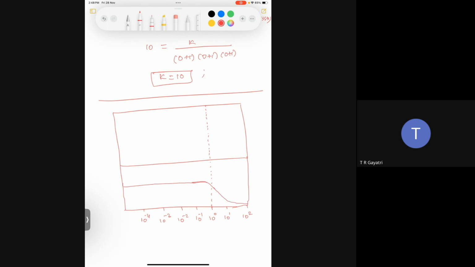Okay, this is my phase plot: phase in degrees, magnitude in decibels. In the magnitude plot, I want to start from 250 and go 250, 100, 50, 0, minus 15, minus 100, and still go till 150 also.